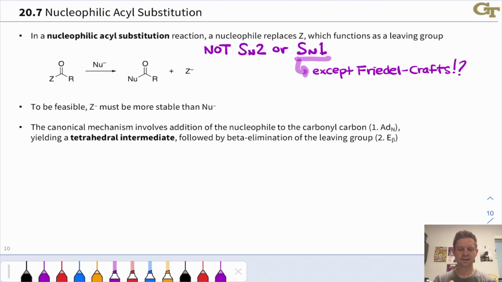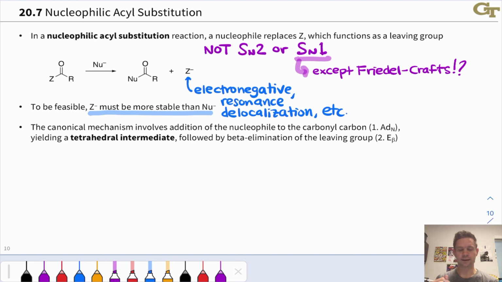If that's not the case, then Z will have the ability to displace Nu as a leaving group, and the reaction will run spontaneously backwards from products to reactants. And so by Z- being more stable than Nu-, we mean that Z- needs to be relatively electronegative, needs to potentially have resonance delocalization or some kind of inductive effect, something that's going to stabilize negative charge or a new pair of electrons, a new lone pair inside this leaving group.